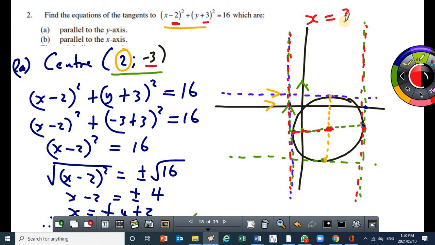So you won't have the m. Remember, the equation is y equal to mx plus c. If this m here is undefined, it means the equation will be x equal to something. So we need to find that value of x that's here and that value of x that's there.